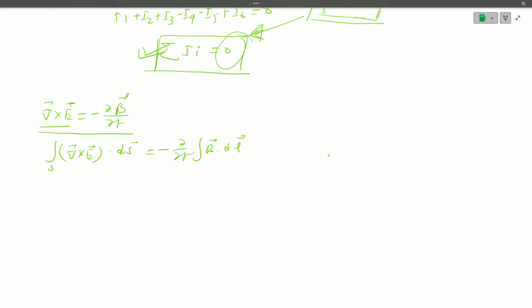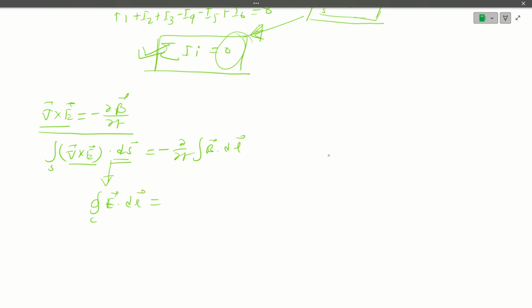Now curl E dot dS is a surface integral. If we want to take it as a line integral, we have to use Stokes' theorem. So here it will be a closed line integral of E dot dl.